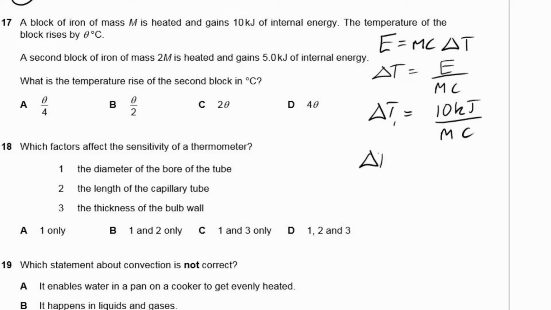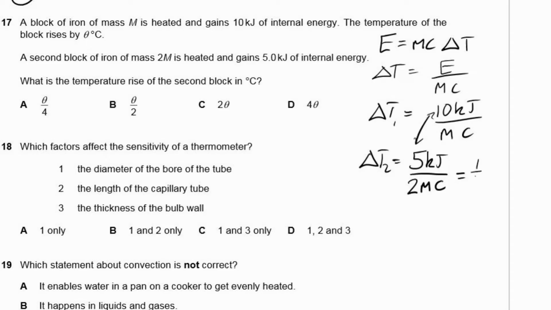Now let's look at delta T2 and see how it relates. What do we have? Well, we've got 5 kilojoules of internal energy. So that's 5 kilojoules divided by the mass, which is doubled, 2m, and the specific heat capacity is the same. Alright. Well, let's look at how this relates to the original number. 5 kilojoules is 1/2 of 10 kilojoules.